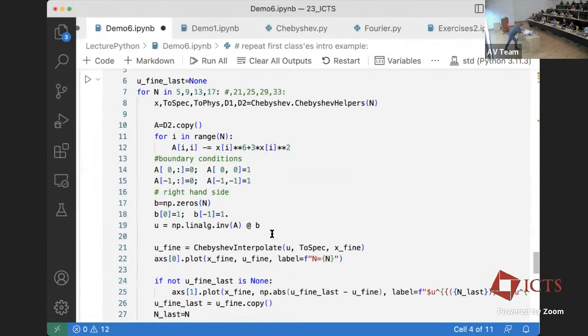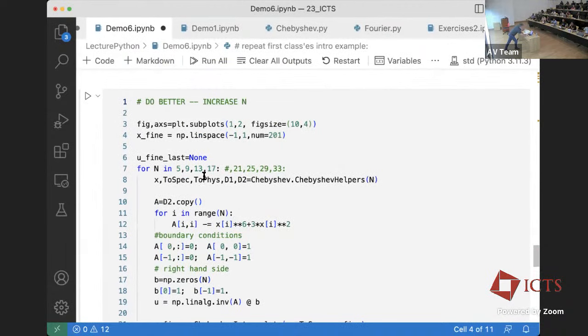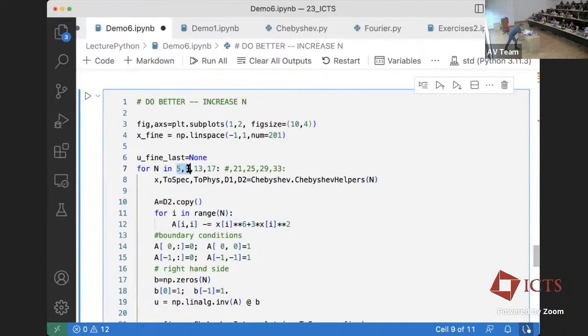So this last piece here goes from 5 to 9 to 13 to 17. And in here, I have the identical code we had above, where we are setting up the matrices, setting up the boundary conditions, modifying the matrix for the boundary condition, and we call A to the -1 B on it.